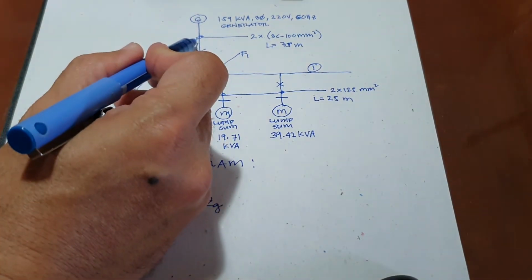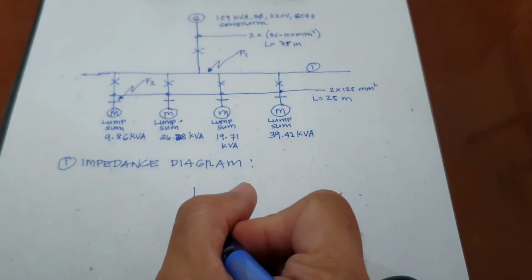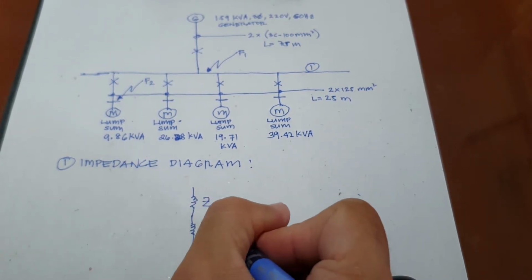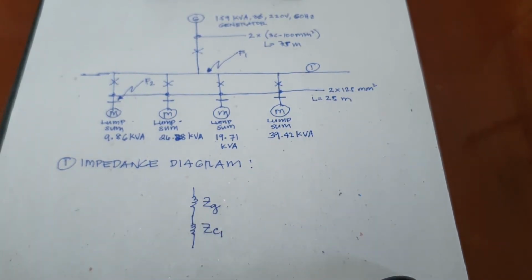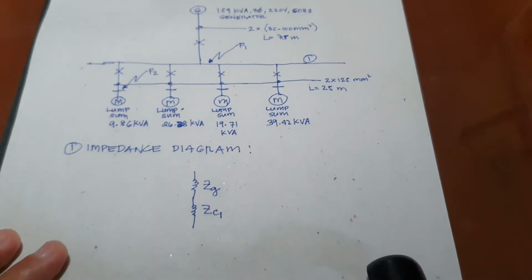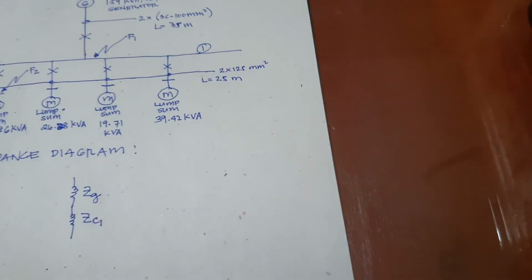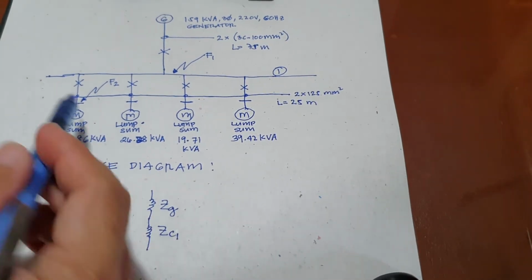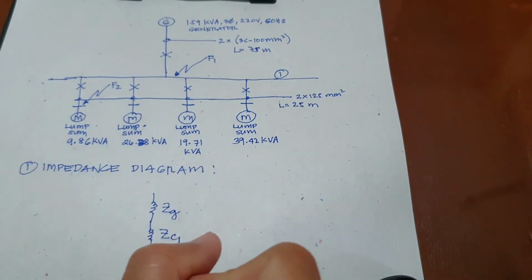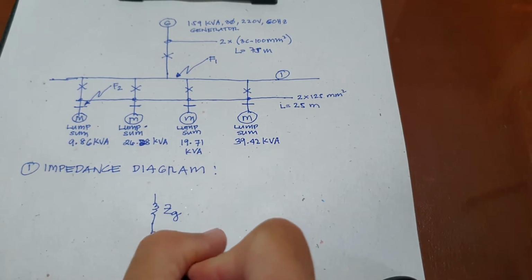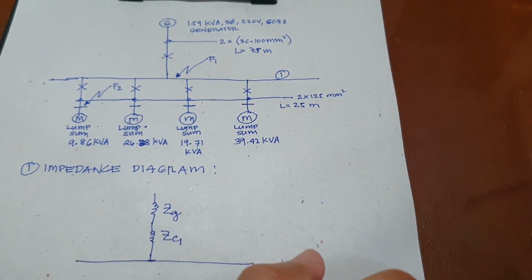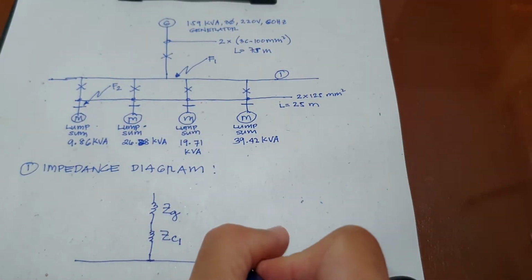Next is the main feeder. Let's say this is C1, and then next, since we have a bus here, this is bus 1.